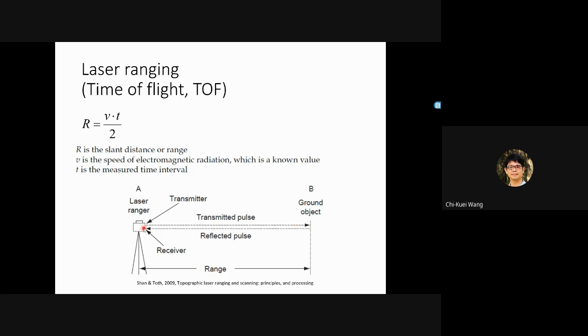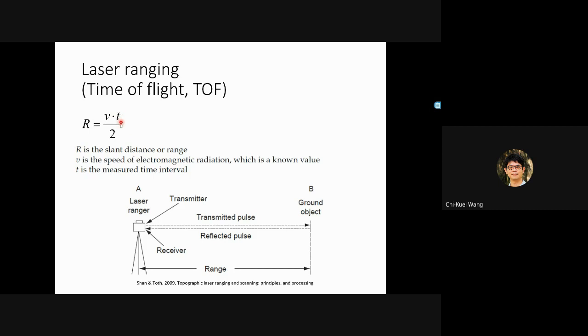So this is the time we measure. Now we actually know the speed of light. Here I use a fancy term called electromagnetic radiation, but this is just light, the laser light. So we know the speed of light, and we can measure the time.